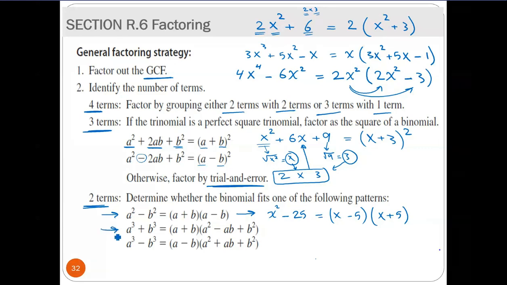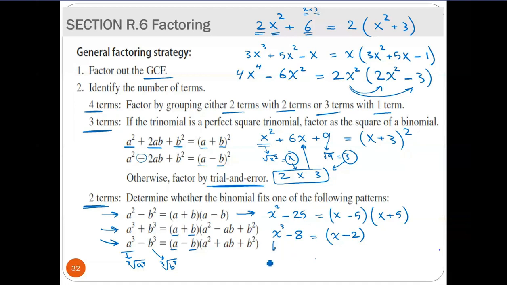And we have the addition or difference of cubes. For example, if we have x to the power 3 minus 8, this equals (x minus 2), a plus b or a minus b, and take the cube roots of a to the power 3 and the cube roots of b to the power 3, like this.